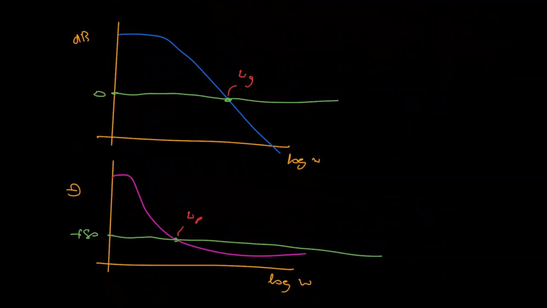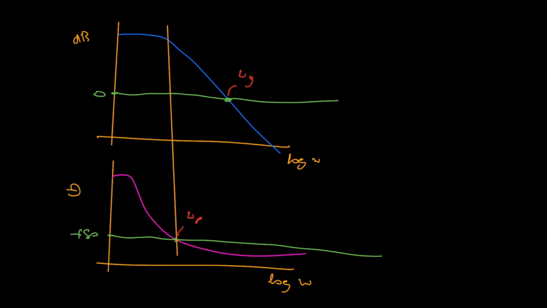Next thing to do is to extend lines. I extend a line. This is clearly unstable. Then I extend another line from here and find this point, which is 0.